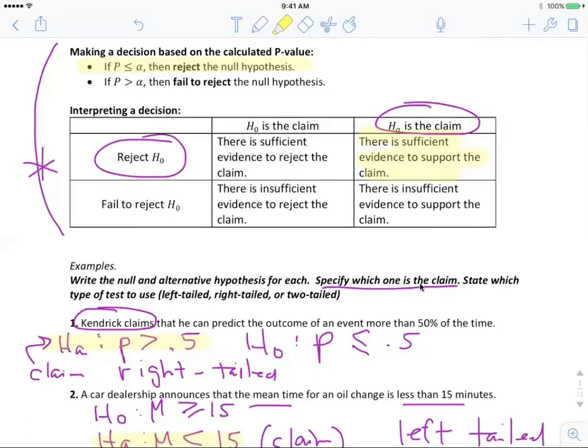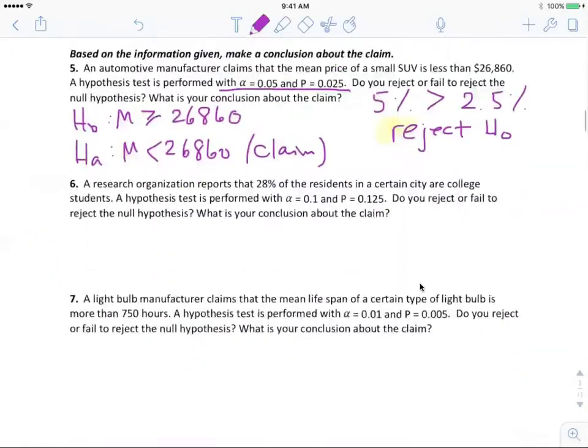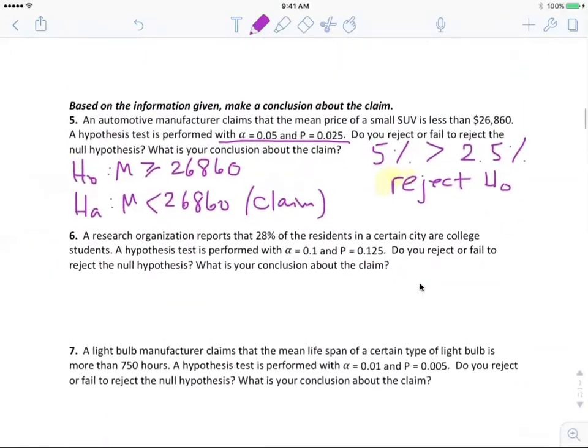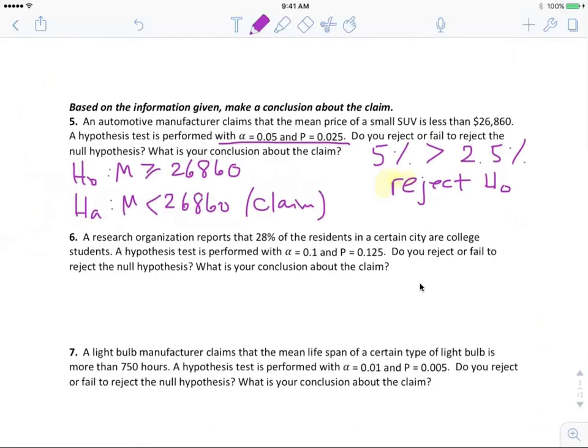There is sufficient evidence to support the claim. So I would go back to my problem and say sufficient evidence to support the claim. This is really bad handwriting. But look back up top for the overall well written out typed version.